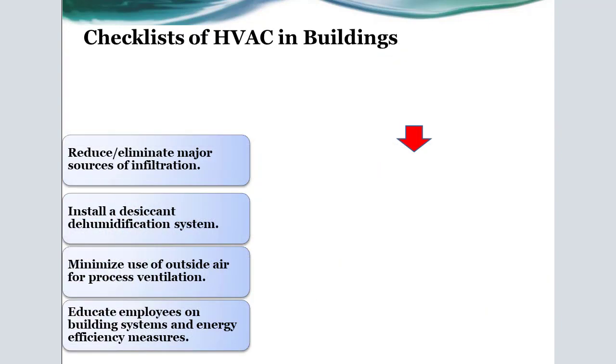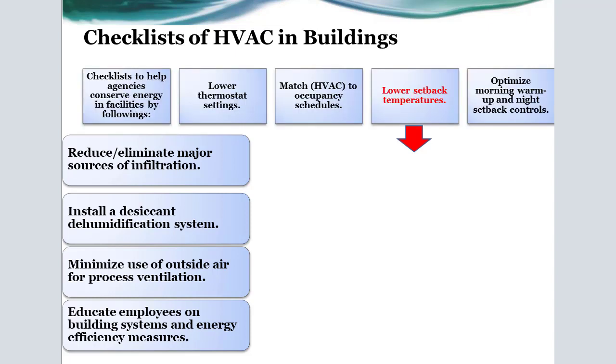Now we have a checklist in order to reduce energy consumption in heating, ventilating and air conditioning systems applied in buildings, and this can be used to help agencies conserve energy in different facilities by the following measures: lowering thermostat settings, checking if the system matches the occupancy scheduling, and also lowering the setback temperature.